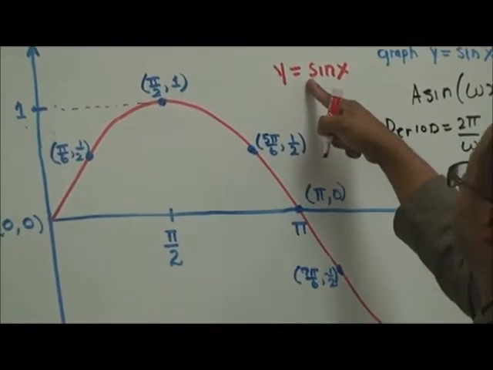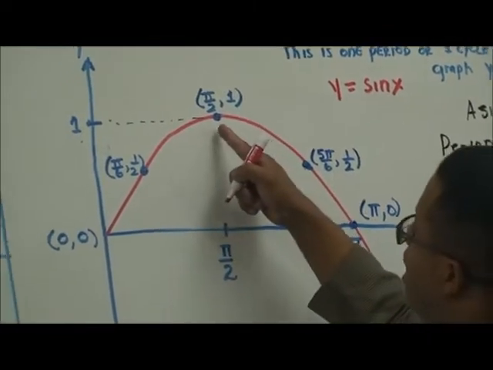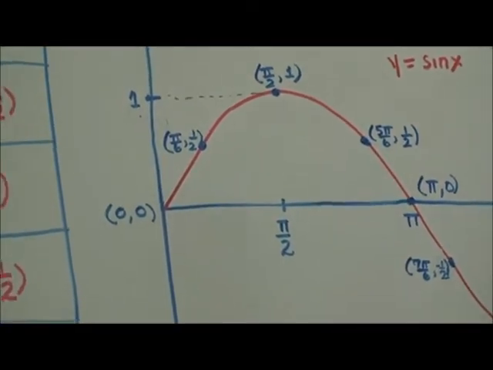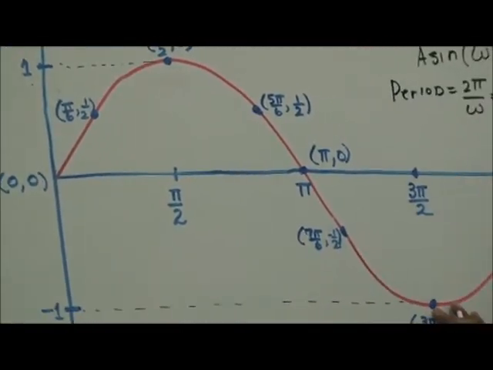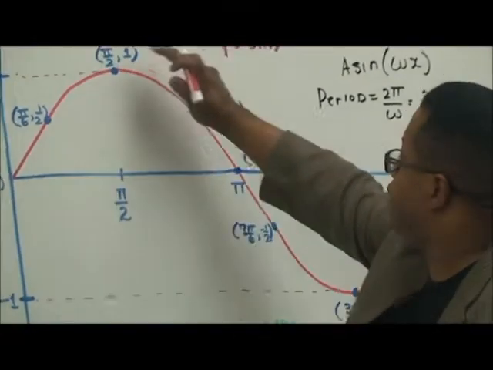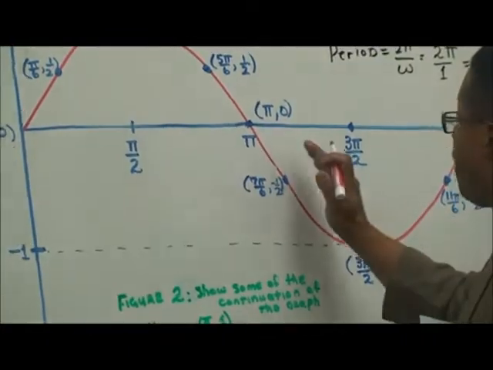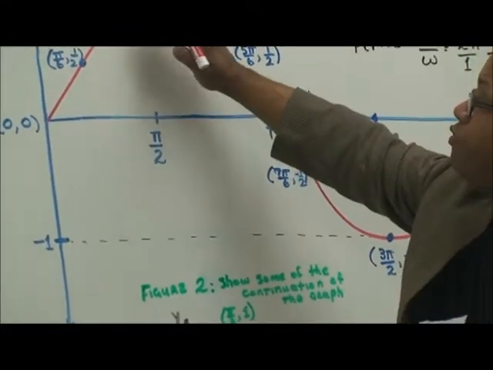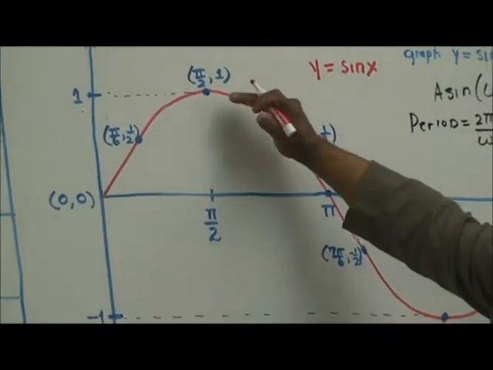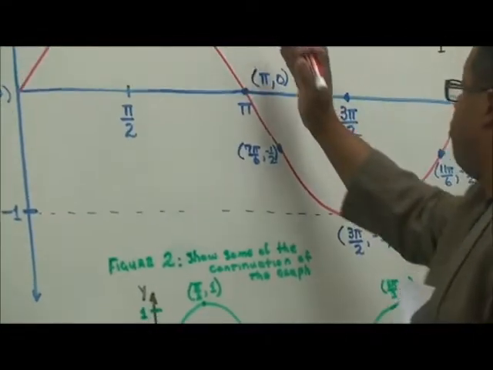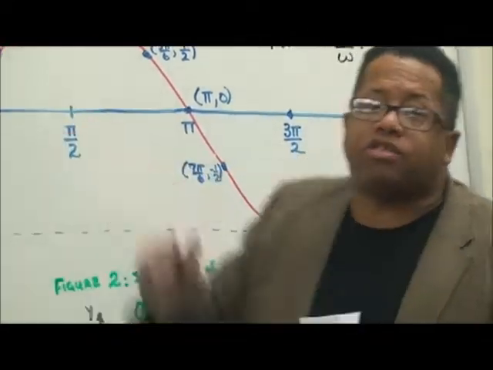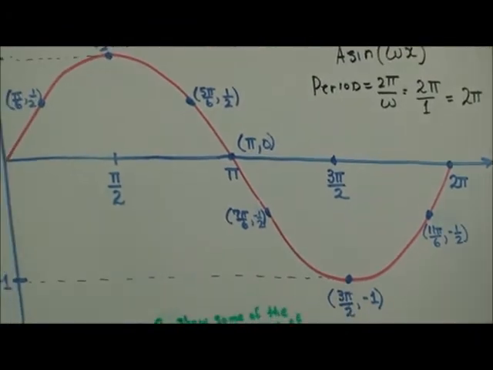So therefore, your amplitude here is positive 1 and your amplitude here is negative 1. So from the period 2 pi you have the amplitude coming from negative 1 to positive 1. So this is what we have here, and this is our amplitude, from negative 1 to positive 1.